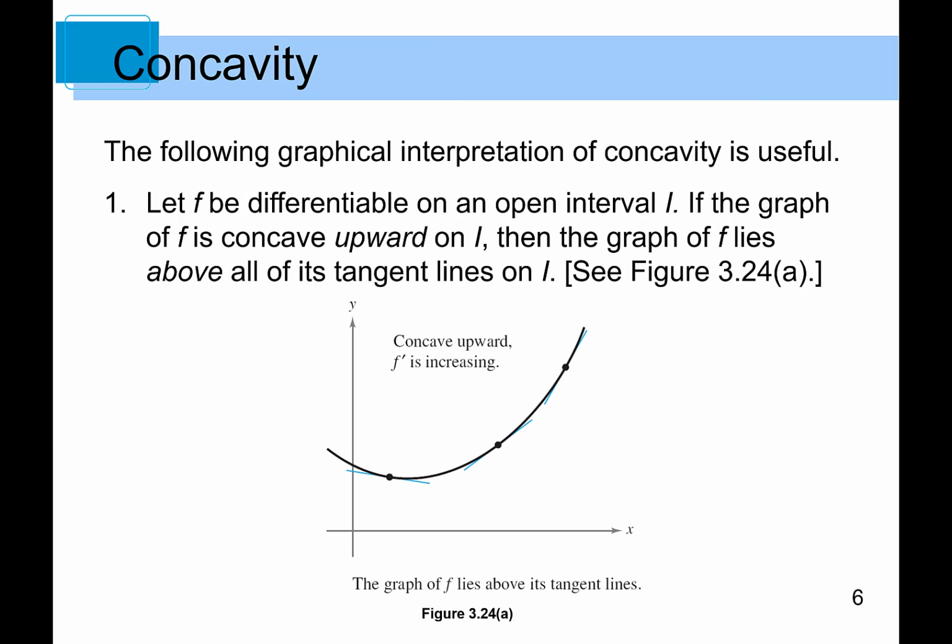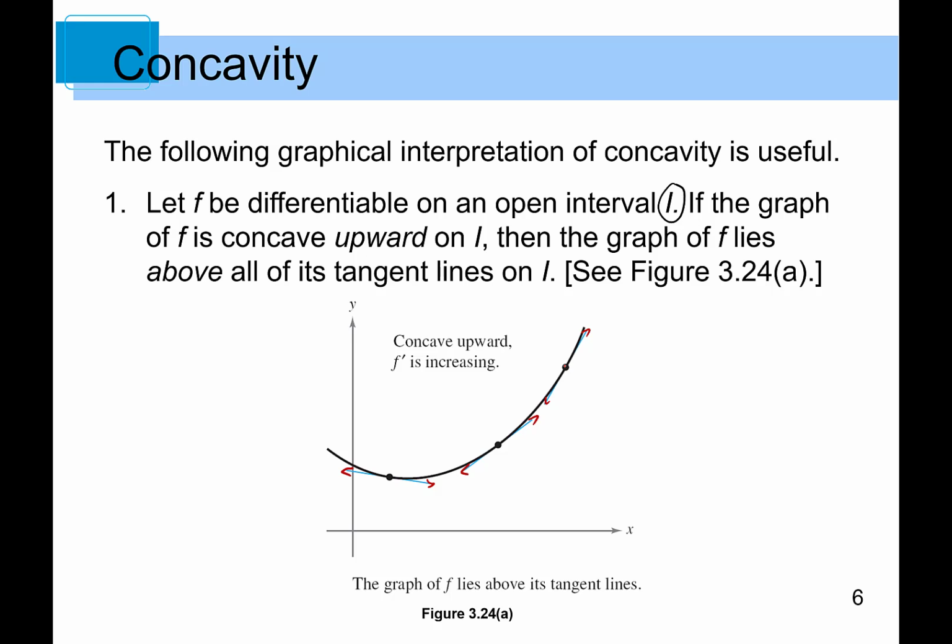And let's look at concavity in a deeper manner. The following graphical interpretation of concavity is useful. Let f be differentiable on an open interval I. If the graph of f is concave upward on interval I, then the graph of f lies above all of its tangent lines on I. Also, you see all these tangent lines are below the curve itself.